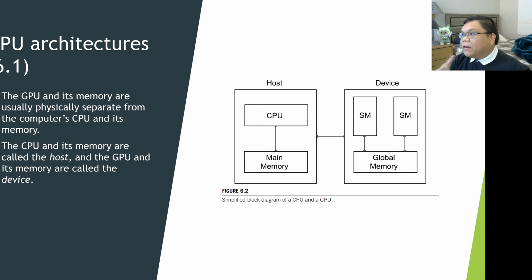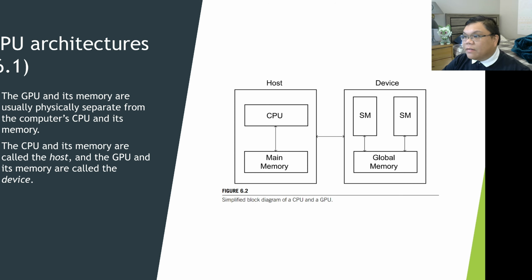So, if you've ever built your own computer before, you may know that the process of installing a GPU involves putting it into a PCI Express slot. This means that the CPU and main memory, those are for the main computer. Those are their own thing.